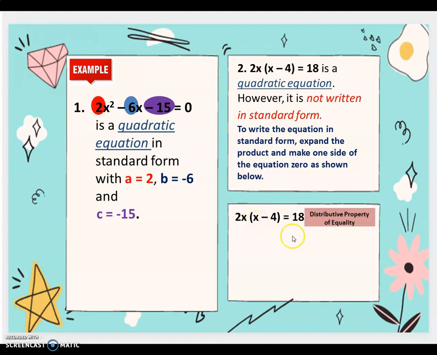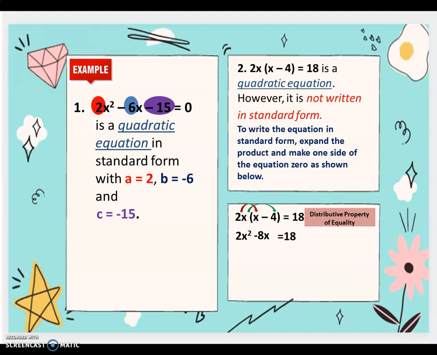So, ang i-apply po natin is distributive property. Ibig sabihin, this monomial will be distributed to this binomial. So, first term, monomial to first term, monomial to the second term. So, 2x times x, it is 2x squared. Positive 2x times negative 4 is negative 8x equals 18.